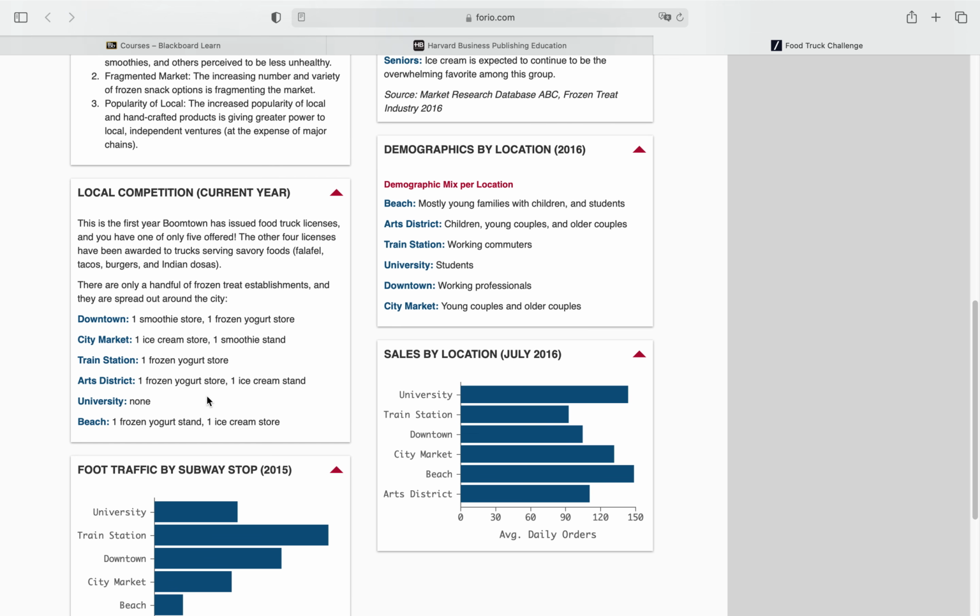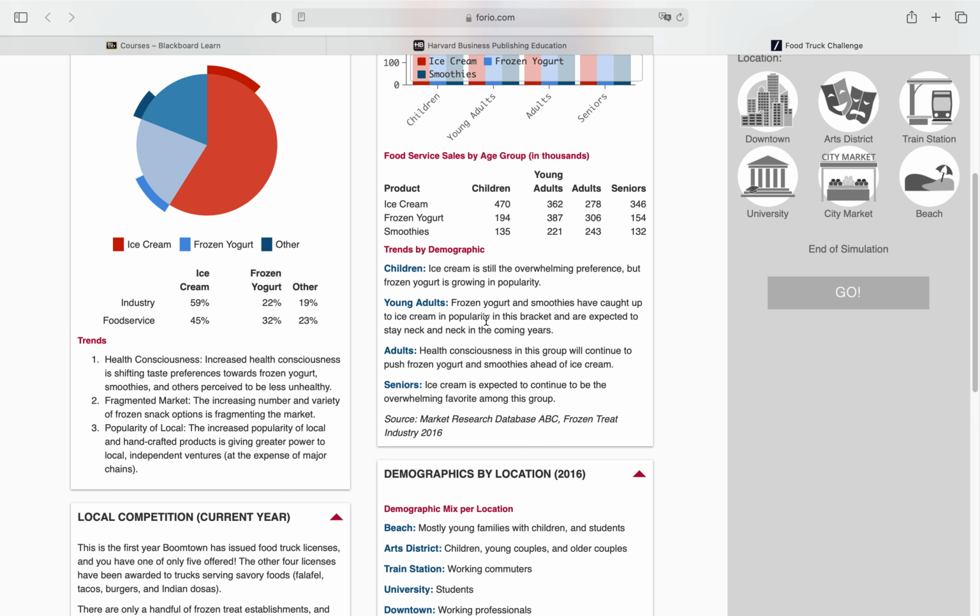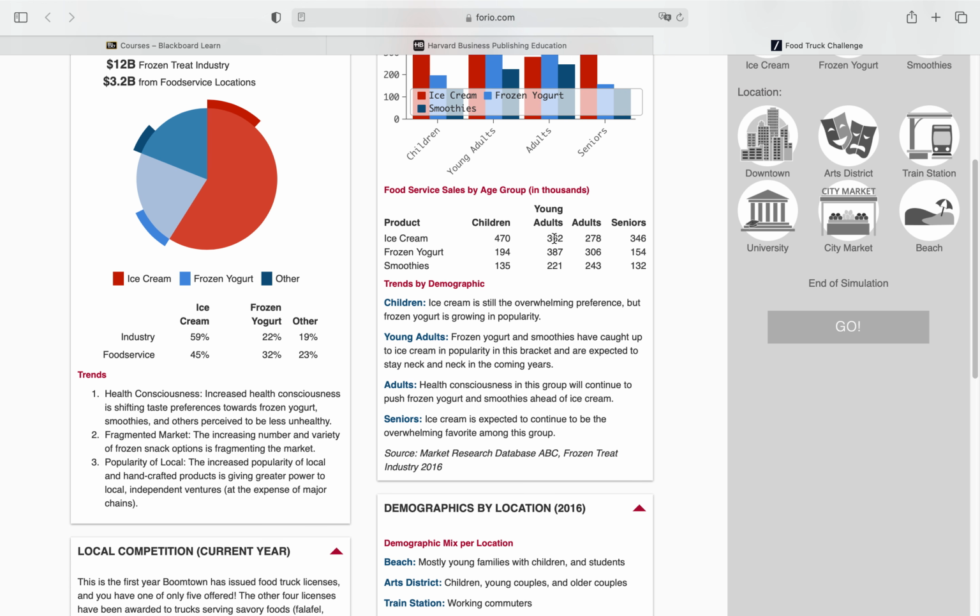And the university name tells itself, the majority of the target market is going to be children, young adults, possibly some adults. Based on the information explained here, they all prefer frozen yogurt just as much as ice cream, if not better.